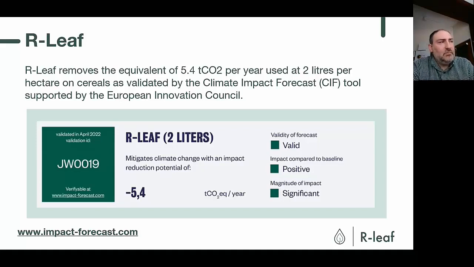The validation I talked about earlier, so we used a tool called the Climate Impact Forecast Tool, CIF. They're supported by the European Innovation Council, and we validated that 2 liters of R-leaf used per hectare in a season will remove 5.4 tons of carbon dioxide equivalent per year, and for that season.